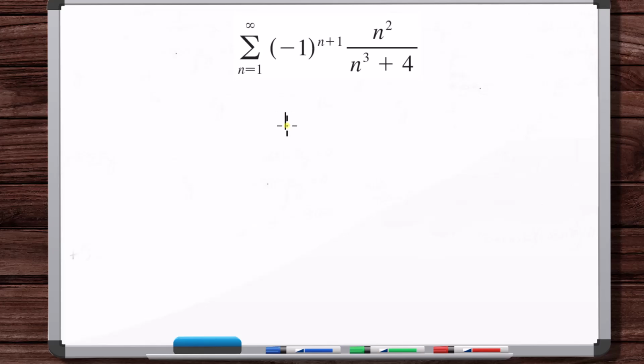Okay, the b sub n here is... now, is this always decreasing? It seems like it would be, especially as n gets large, because the n cubed would take over, but we can check. So let's replace the n with a continuous variable.